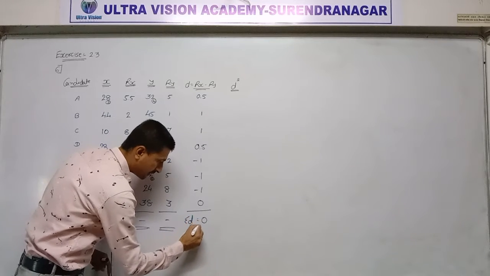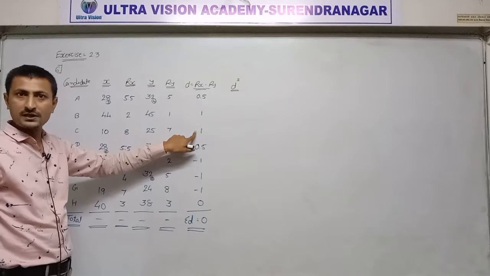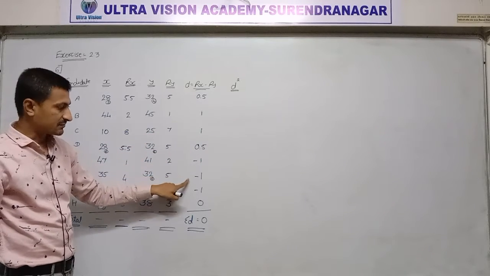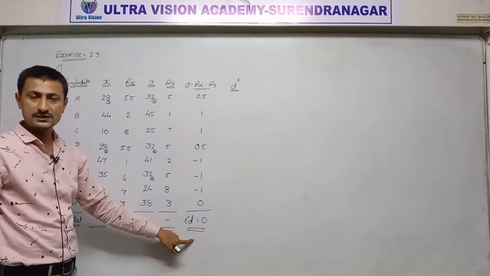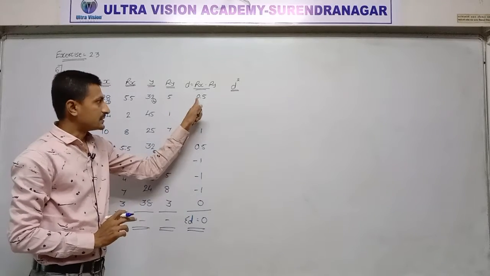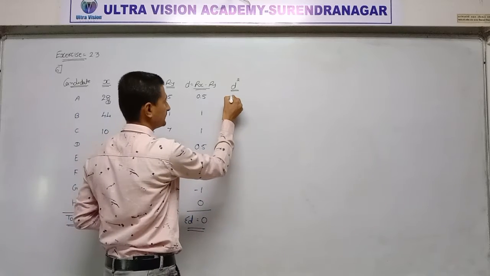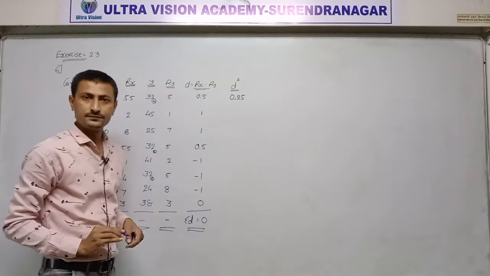Sigma d is always 0. Check it: 0.5 plus 1 is 1.5, plus 1 is 2.5, plus 0.5 is 3, minus 1, minus 1, minus 1, minus 3. So plus 3 minus 3 gives the answer 0. And the last column, d square: 0.5 times 0.5 is 0.25.